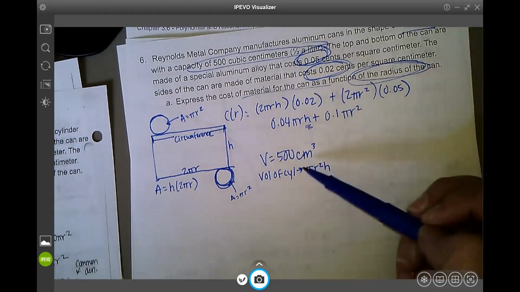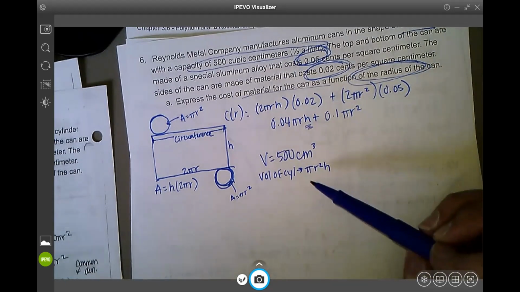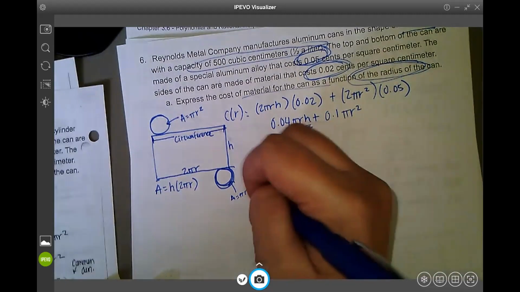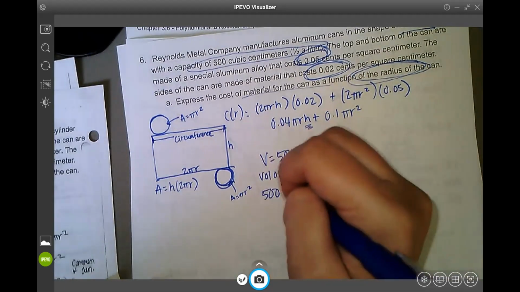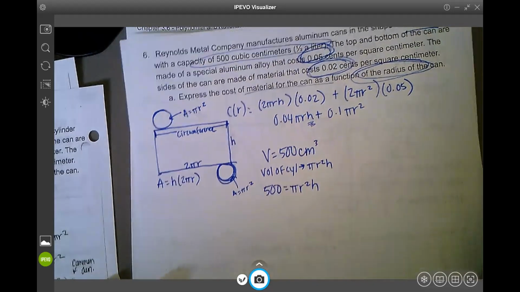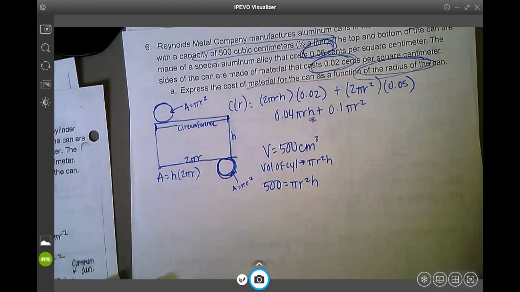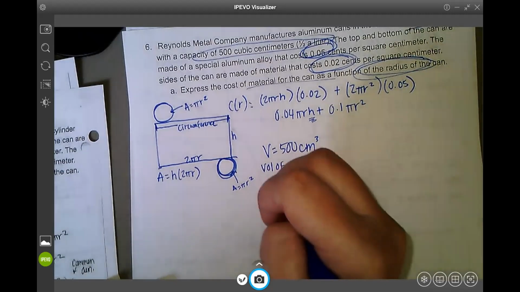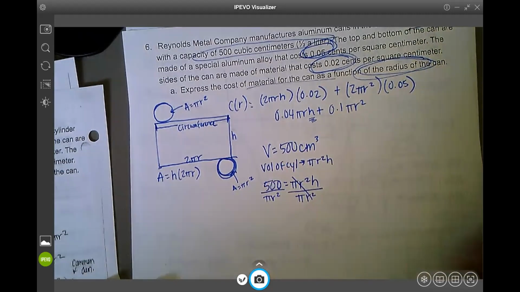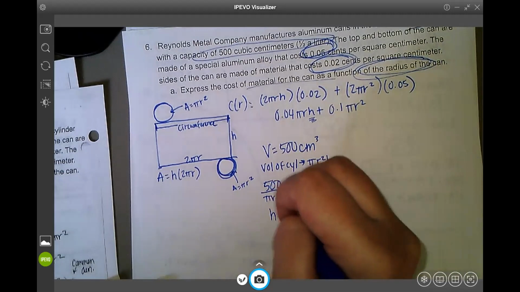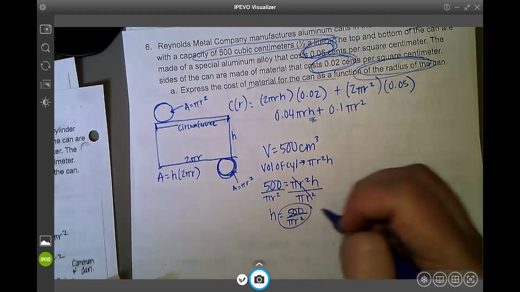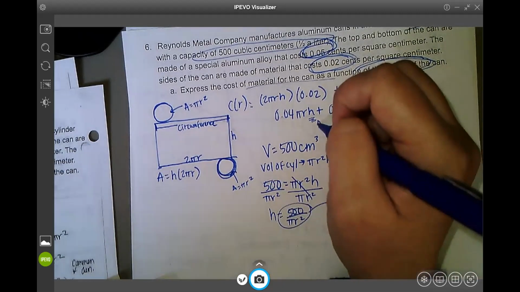So using this volume, I can solve this for h and plug that in, and it would make it in terms of r. So I have 500 equals pi r squared h. Just getting h by itself, I'm dividing by pi r squared. So I get h equals 500 over pi r squared. And then this is just going to go in for h.